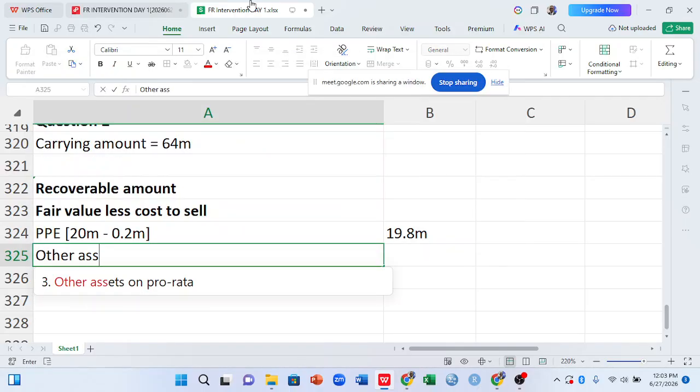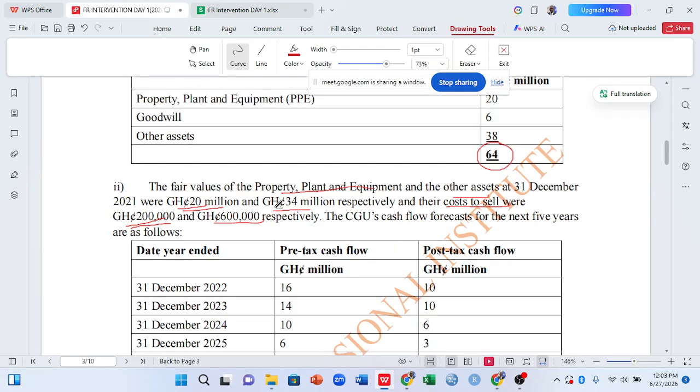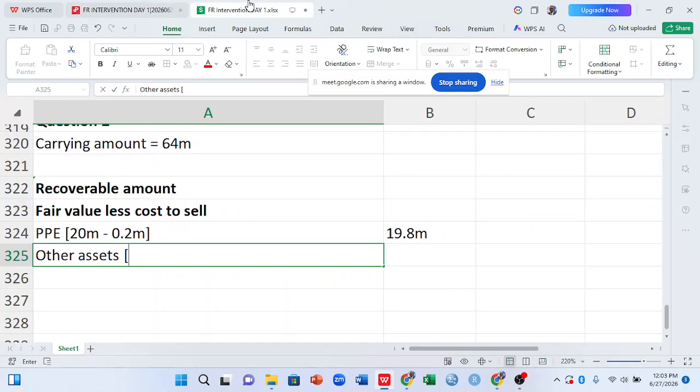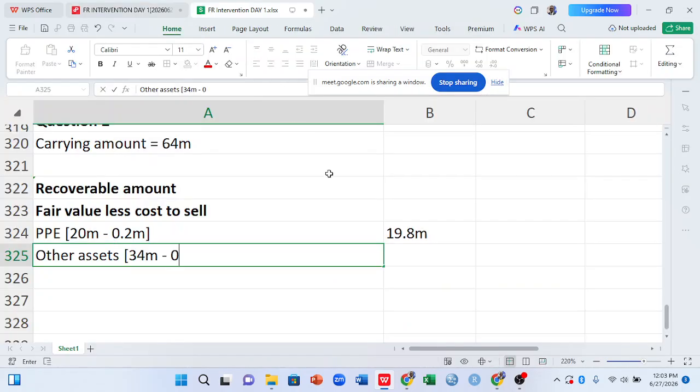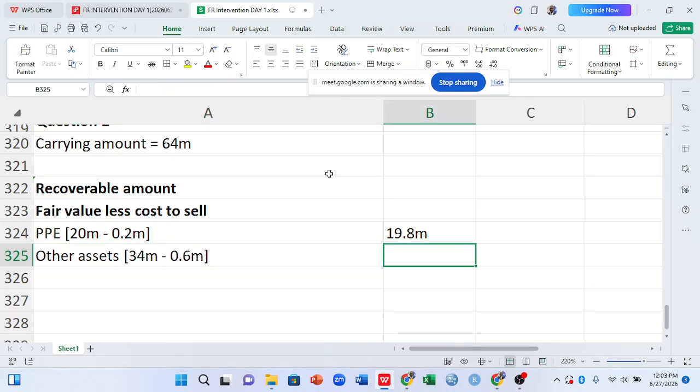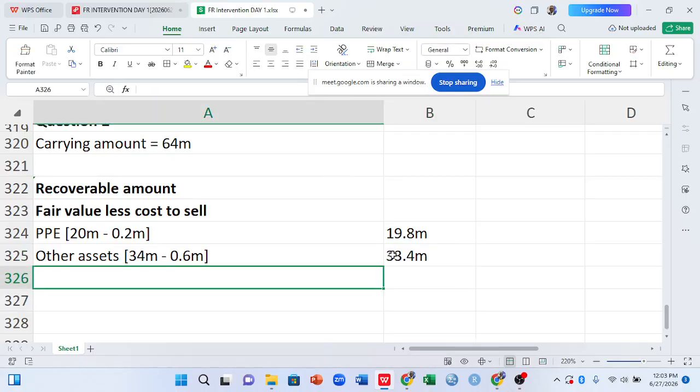So other assets, we have 34 million. And then we deduct 600,000. So that's 0.6 million. We'll get 33.4 million.